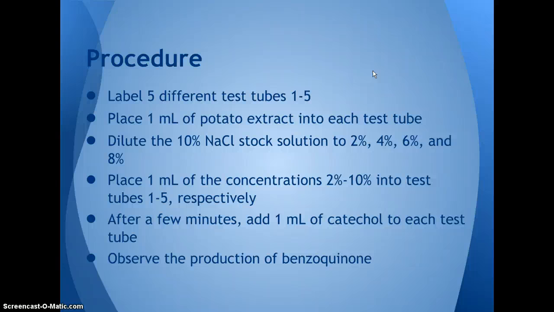Then we would place 1 milliliter of the concentrations, 2% to 10%, into test tubes 1 through 5, respectively, 2% into test tube 1, and so on. After a few minutes, we would add 1 milliliter of catechol to each test tube, and then observe the production of benzoquinone. Unfortunately, we couldn't do this experiment because we didn't have enough time.